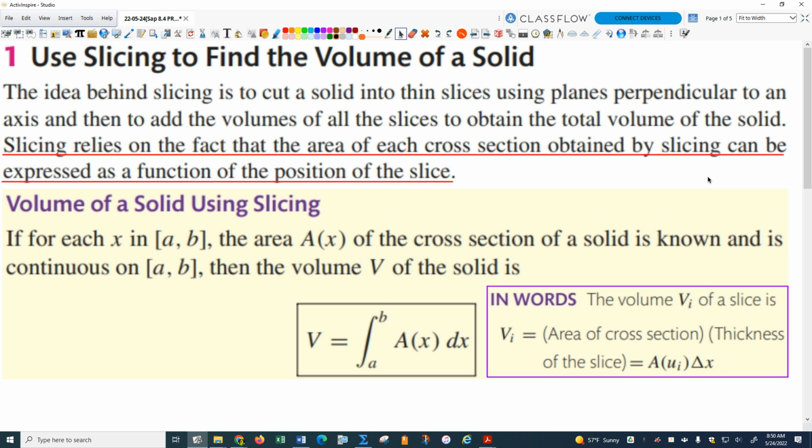The idea is we're going to be cutting these thin cross-sectional slices perpendicular to an axis, and then we're going to add up all the volumes of those slices just using integration. Underlined here, you can see slicing relies on the fact that the area of each cross-section obtained by slicing can be expressed as a function of the position of the slice.